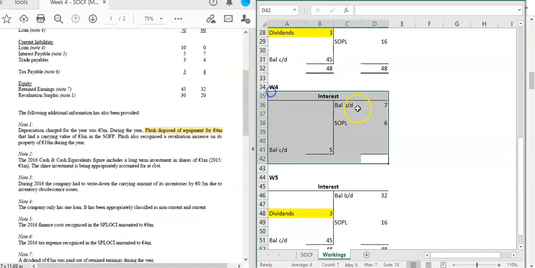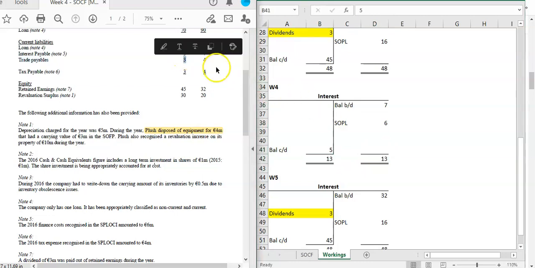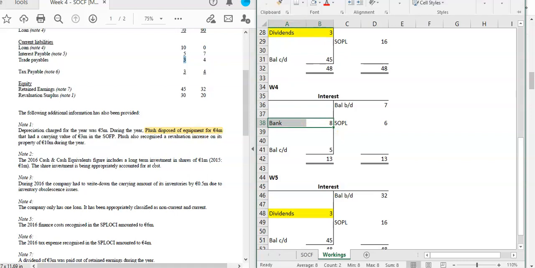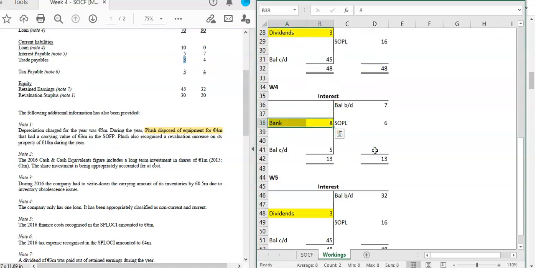We owed 7 at the start of the year. We owe another 6 because of the current year. That means if we paid nothing, we should have owed 13. We actually only owe 5 at the year end, so we must have paid 8. Credit bank, debit interest payable. And that is the amount that you're going to put into your statement of cash flows. Working for interest paid: minus 8 million.